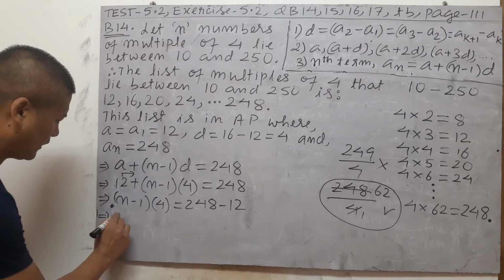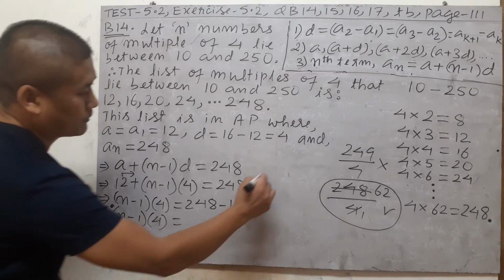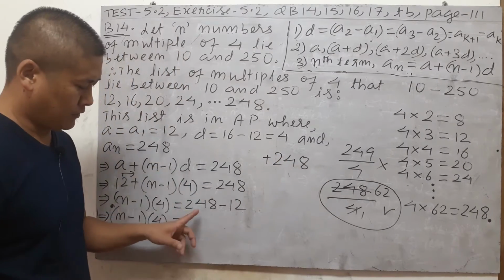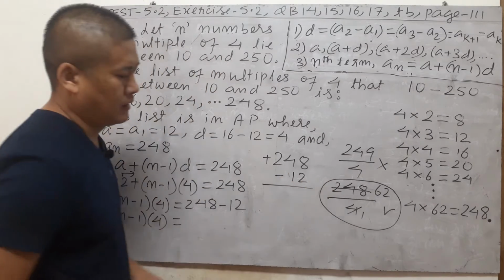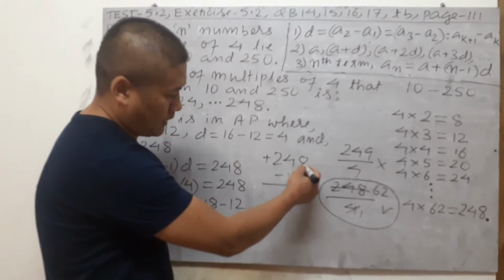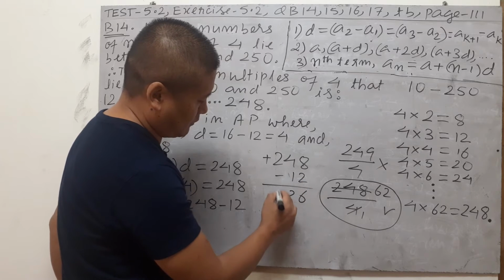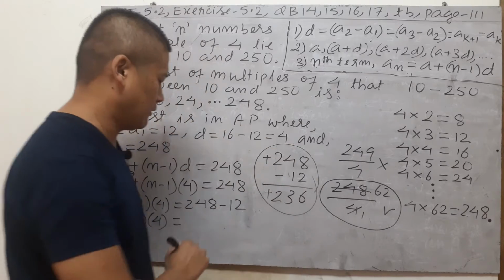That gives you here n minus 1 into 4 will be 248, having a plus sign because of the greater absolute value, and the smaller one, smaller absolute value, minus 12. So plus minus means subtract. 8 minus 2 is 6 and 4 minus 1 is 3, and here 2, the bigger sign is plus, so here also plus. Write these things on your graph.